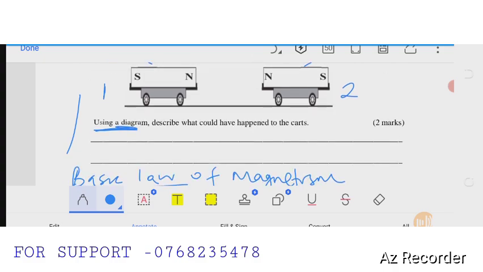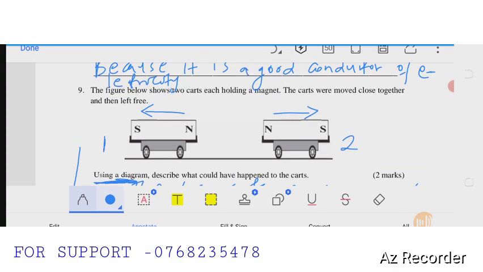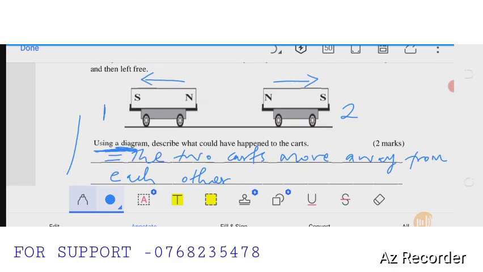The two carts move away from each other. So you'll get 1 mark for the description and 1 mark for showing the arrows in the diagram, because the question says using the diagram.